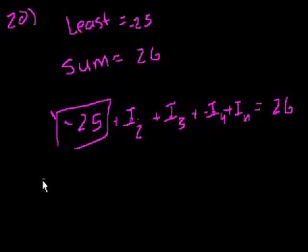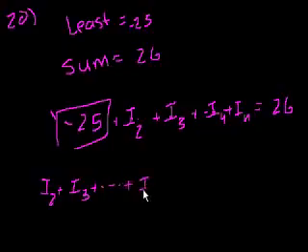So I2 plus I3 plus a bunch up to in is going to equal, I'm just adding 25 to both sides of this equation, 51.